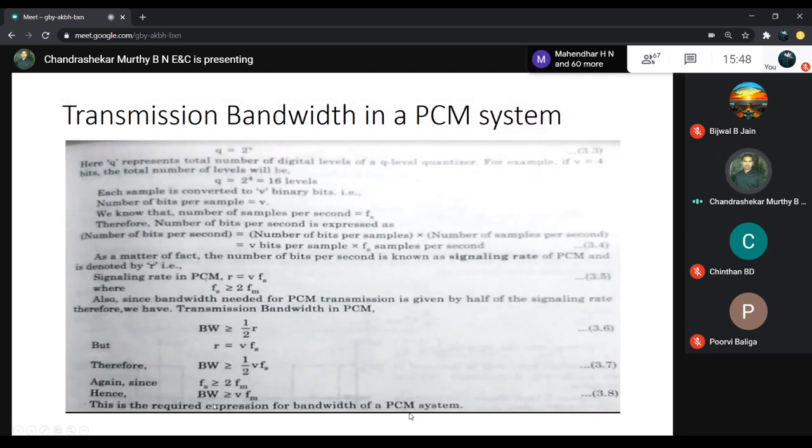Due to that we can find that the bandwidth is greater than vF_m. It always depends upon the number of binary bits we are considering, that is called the code word. Based on this, the bandwidth of the PCM signal is calculated.